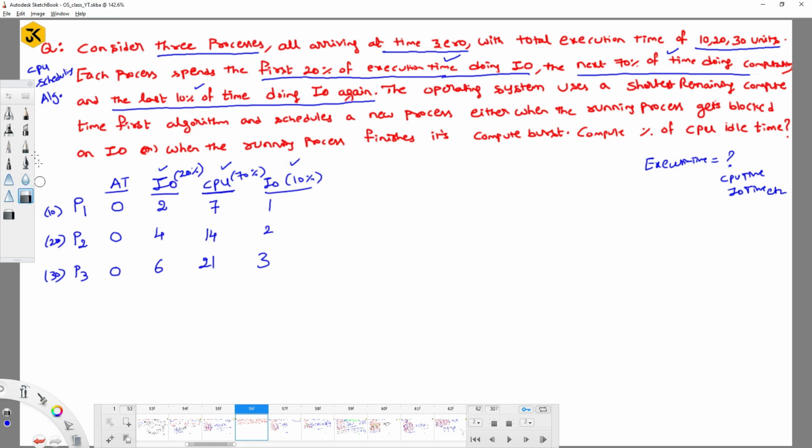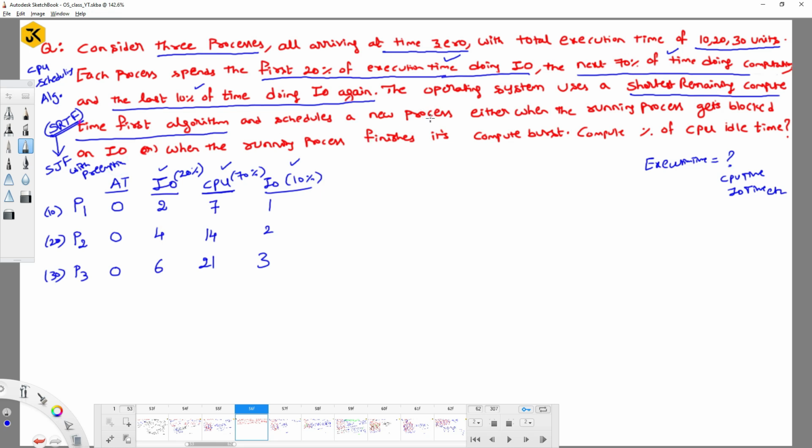Good. Let me continue reading the question. The operating system uses the shortest remaining compute time first algorithm, which is called the shortest remaining time first algorithm, SRTF. This SRTF algorithm I can also call SJF with preemption. Am I right? Yes, SJF with preemption.